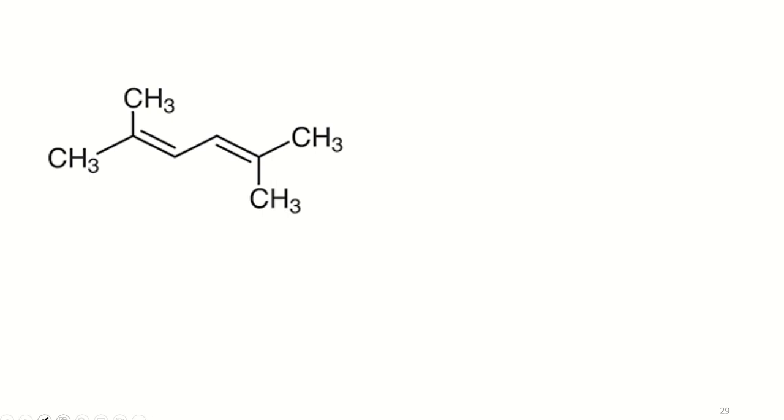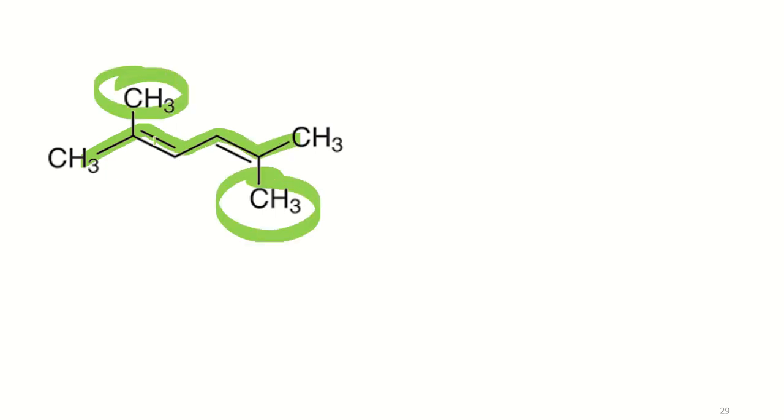This one, I've got more than one double bond, and then I've also got some side chains to deal with as well. So here and here. Okay, so my longest chain is 1, 2, 3, 4, 5, 6. So that's a hex.